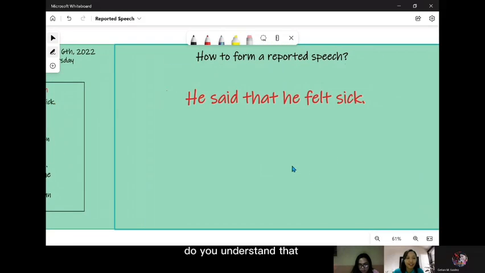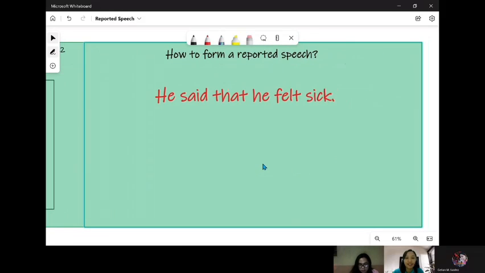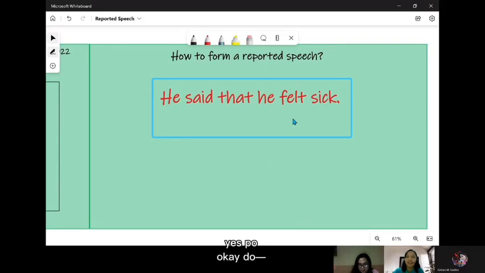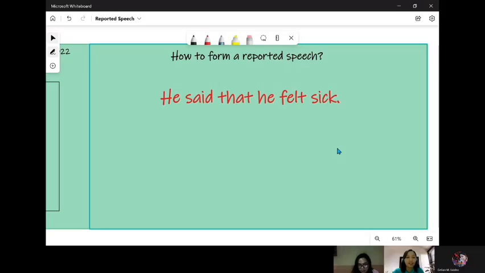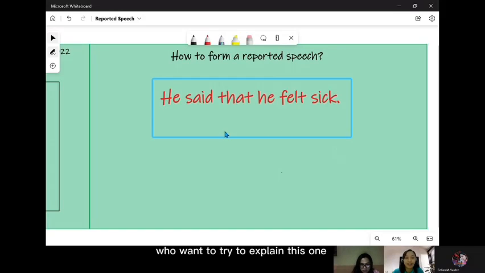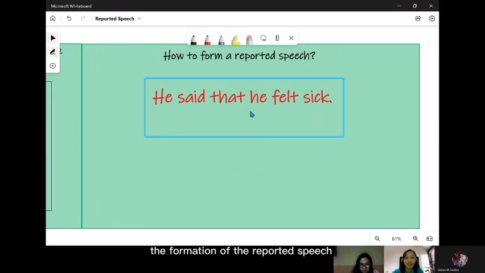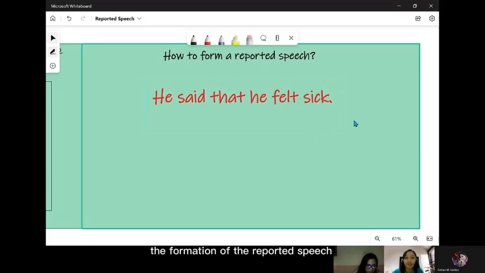Do you understand that? Yes. Okay, are there any volunteers who want to try to explain the formation of the reported speech?